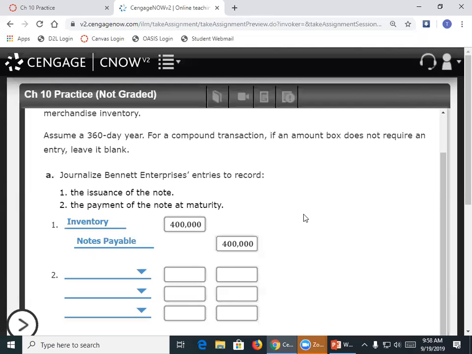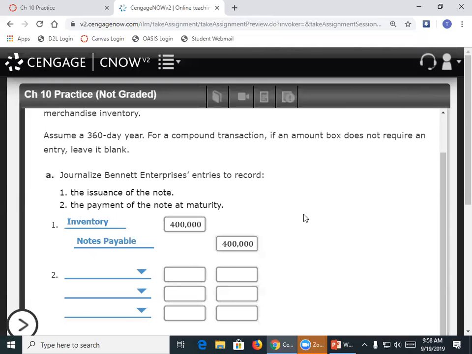And then again, we're going to calculate interest just like we normally would: 400,000 times 5%. And this is a 90-day note, so 90 over 360.